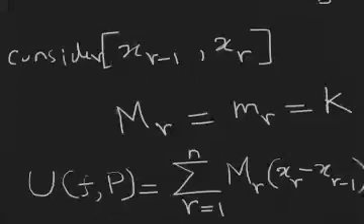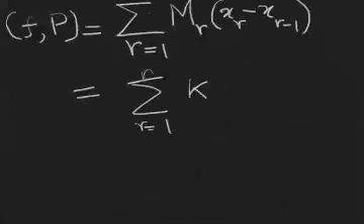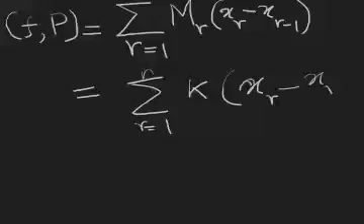The sum goes from 1 to n, the maximum value is k, times x sub r minus x sub r minus 1.